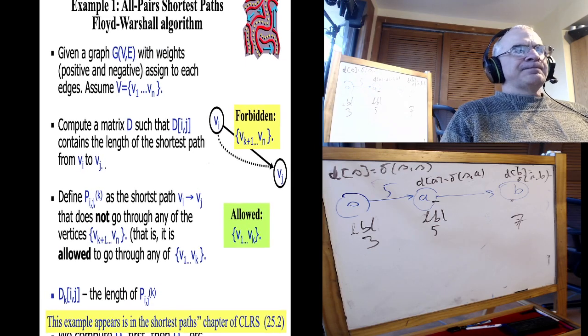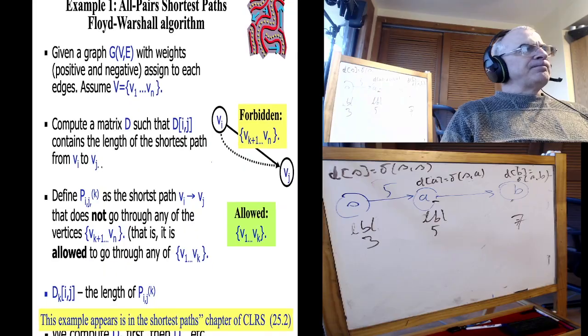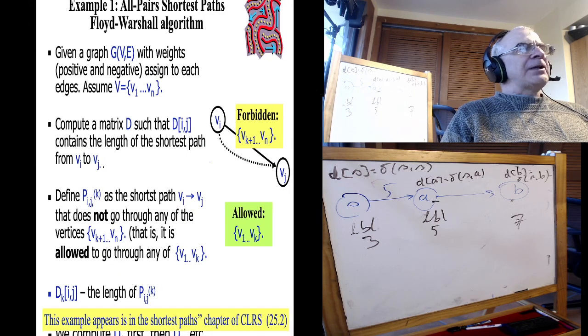Familiar? Not familiar? At this moment I'm a bit paranoid. Anybody knows the Floyd algorithm? Warshall-Floyd?